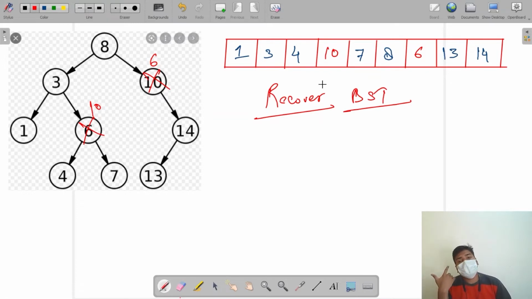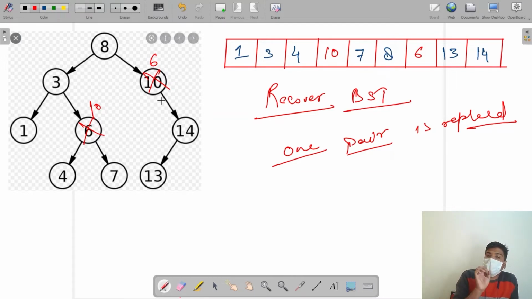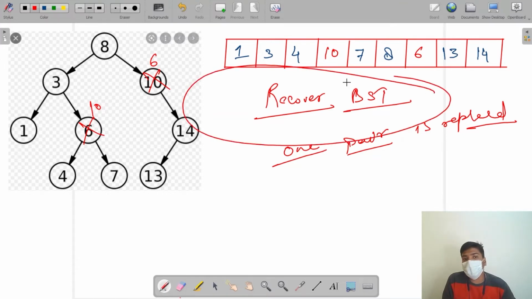But one more thing, only one pair will be changed, only one pair is replaced. That is, only two nodes' data are replaced. So you have to see where those two nodes are. You have to set them again, like change their data again and make it a BST. This is how you will recover your BST.